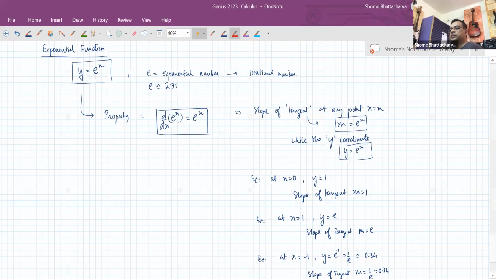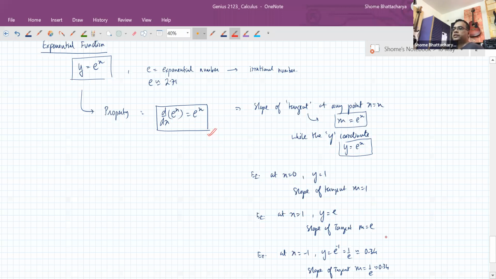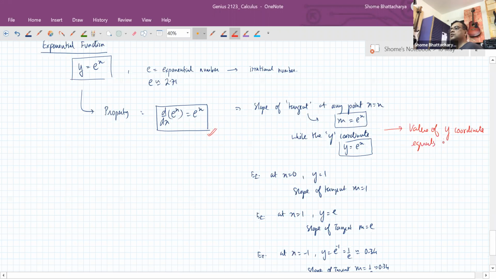It is a unique function in mathematics which has this property that at every point on the function's graph, the value of the y coordinate equals the slope of the tangent. So that is the interesting property that this function has.